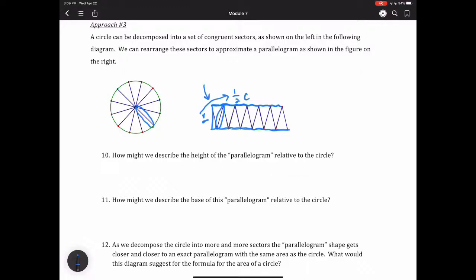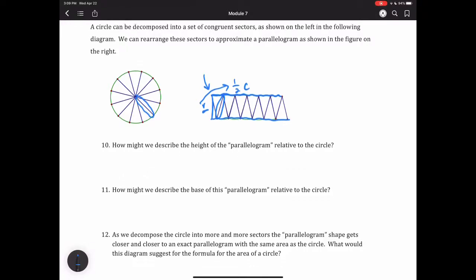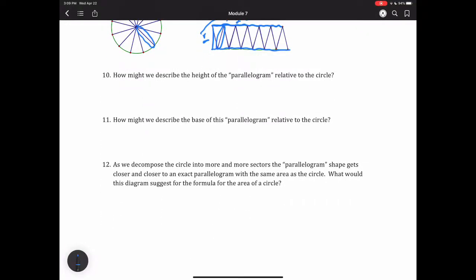The base times the height. That's true of a parallelogram, that's true of a rhombus, that's true of a rectangle. That's the area formula for any of those figures. So now we've discussed the height of the parallelogram is the radius. The base of the parallelogram is 1/2 of the circumference. So the area of that parallelogram is r times 1/2 the circumference.